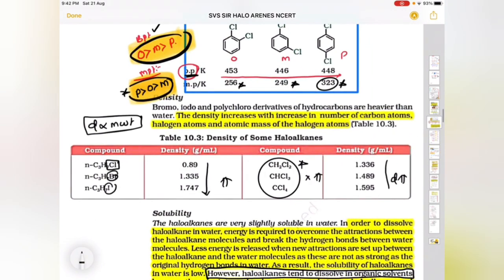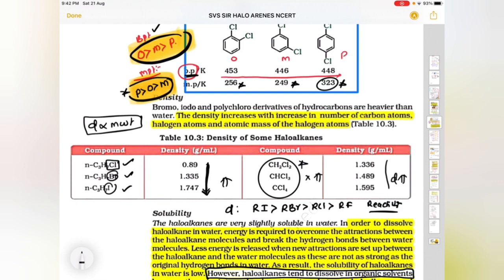And density, also always remember: alkyl iodide, alkyl bromide, alkyl chloride, alkyl fluoride. So reactivity as well as density both will follow the same trend. You can check here, this is chlorine, this is bromine, this is iodine, increasing.